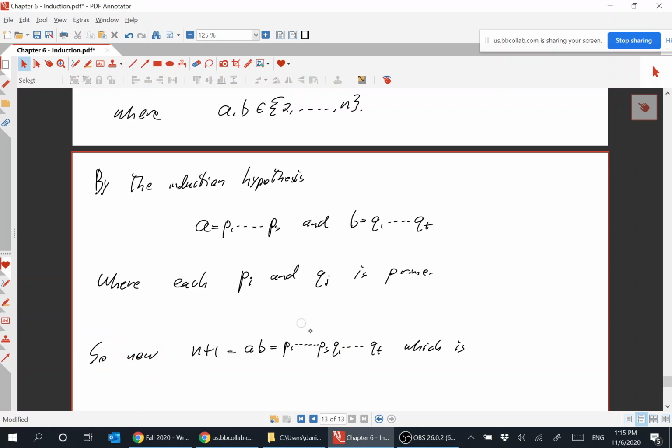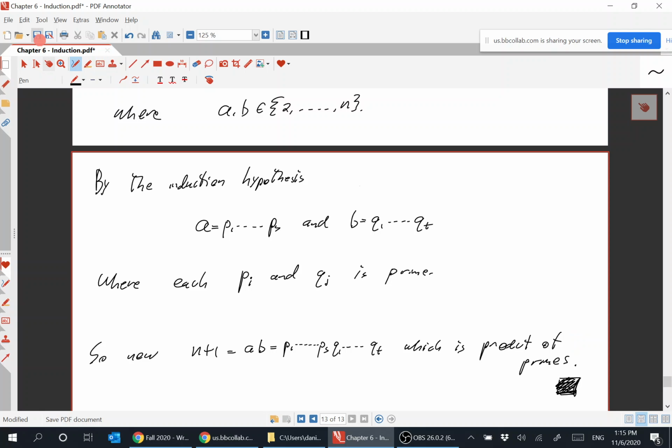So n plus 1 is now written as what? I've just written n plus 1 as the product of P1 to Ps and Q1 to Qt. That is a product of primes. That's it.